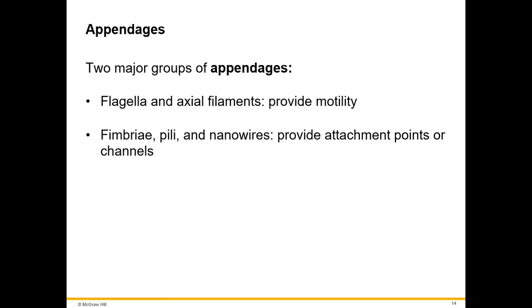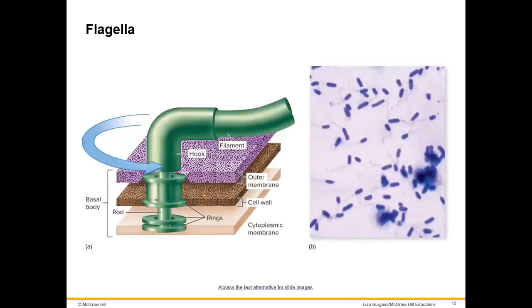Also, bacteria have various structures for attachment. There's fimbriae, pili, and nanowires that can enable them to adhere. So the flagella anchors into the outer membrane, if it's a gram-negative bacteria, through the cell wall all the way down into the cytoplasm, and the structure can rotate.